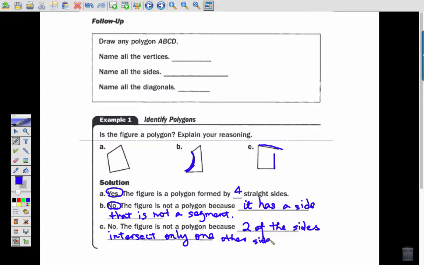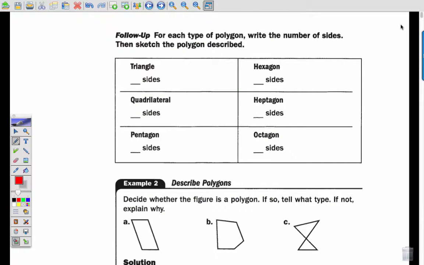You really need to intersect, look at this one, this line needs to intersect on both sides. Okay, so that's the first example. Finish with this follow-up, and then let's look at example 2.